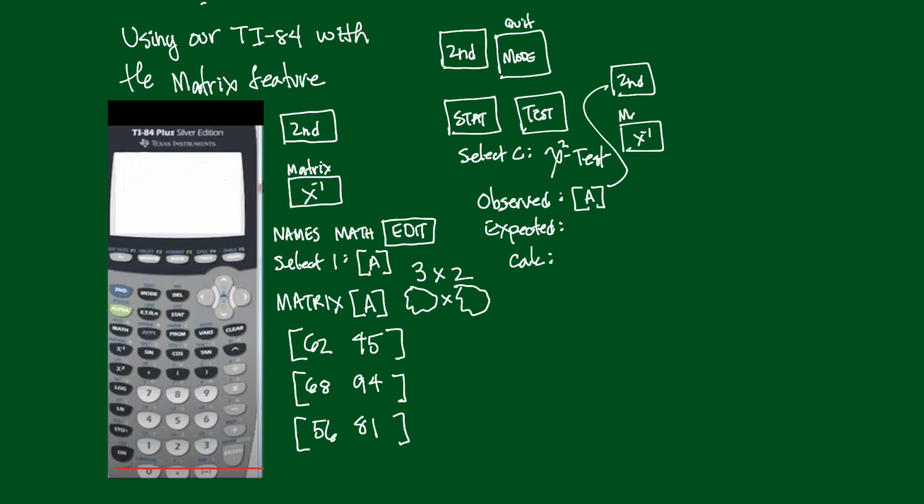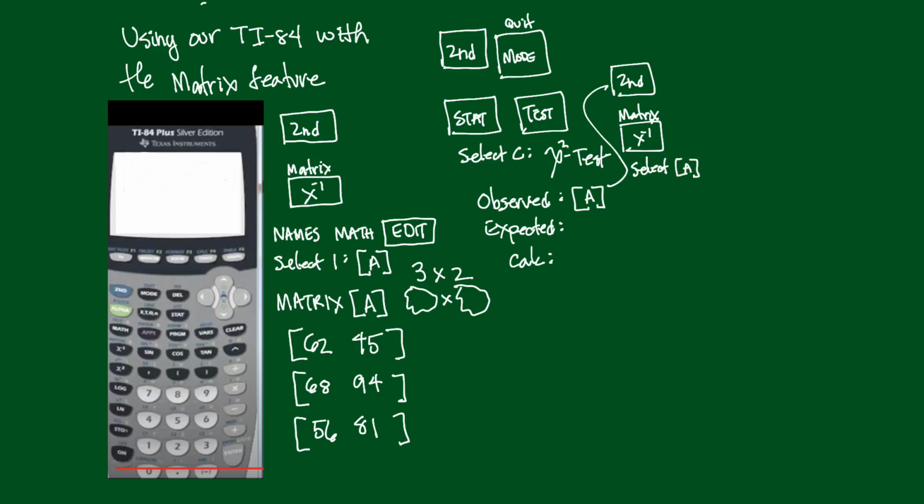It says matrix above it. And then select number 1, or select matrix A, wherever you happen to put it. So for observed, you want your matrix A. That's where we put our values. To get that matrix, go to second matrix and select matrix A.